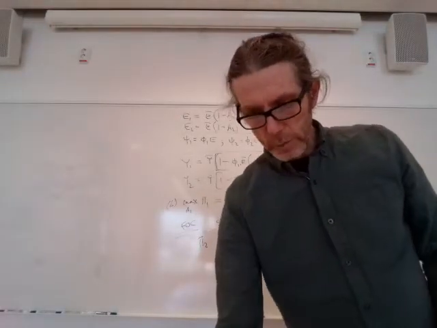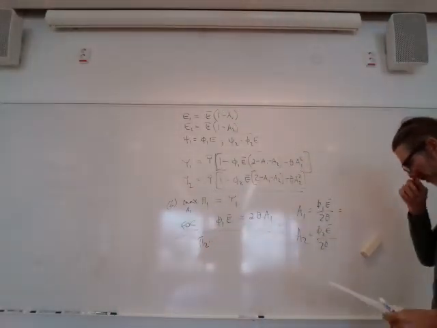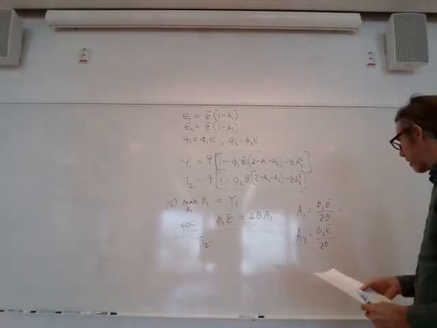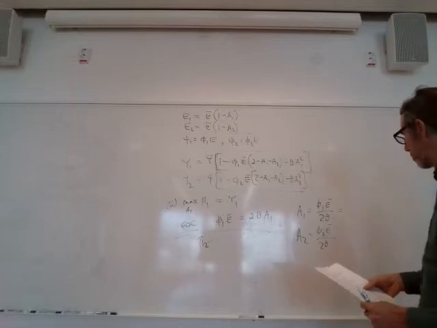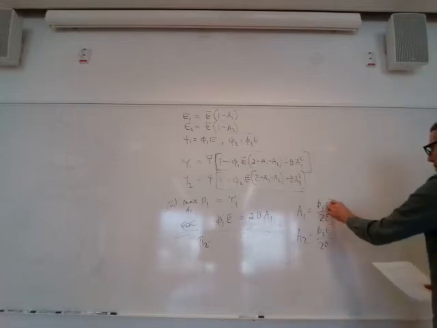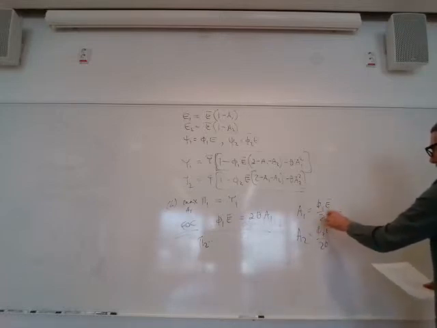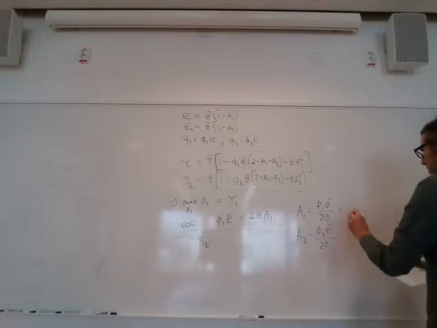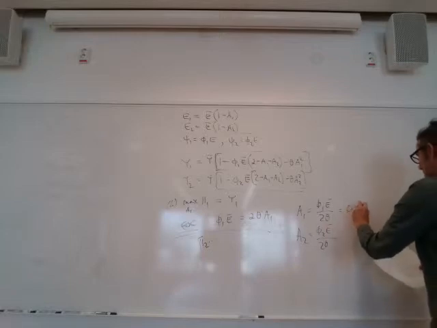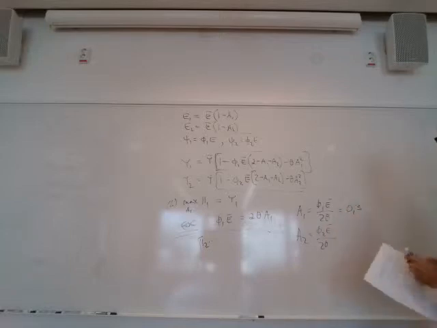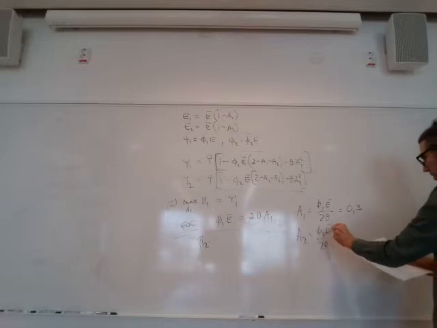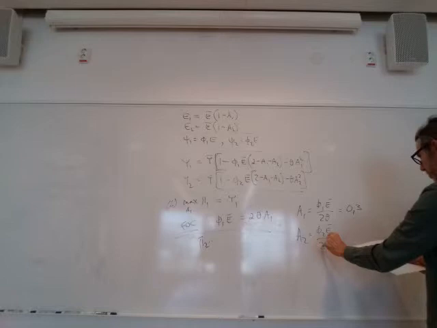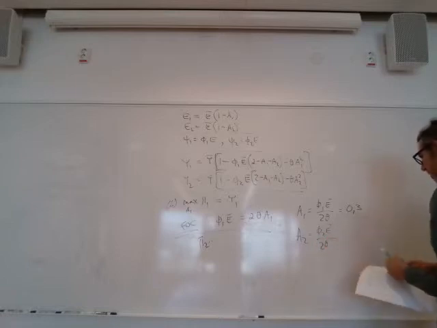Let me just check the parameter values. So phi 1 is 0.06, e bar is 1, theta is 0.1. So it's 0.06 over 2 is 0.03 times 10 is 0.3. And for coalition 2, 1 times 0.12 over 2 is 0.06 times 10 is 0.6.